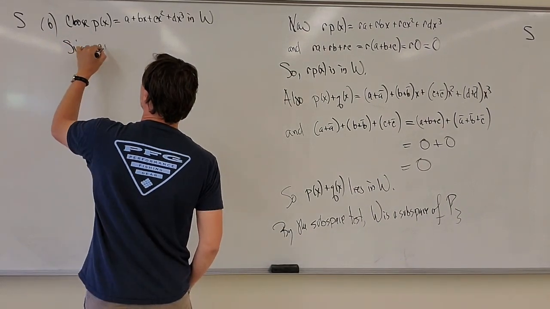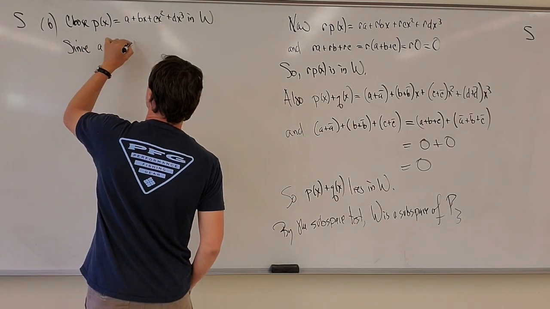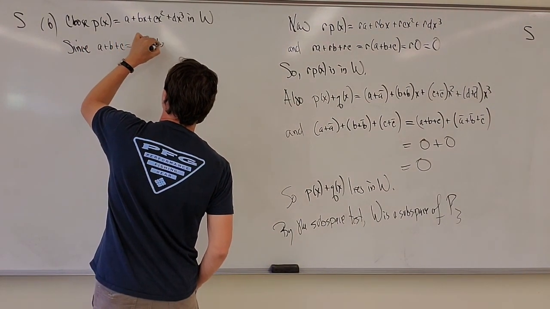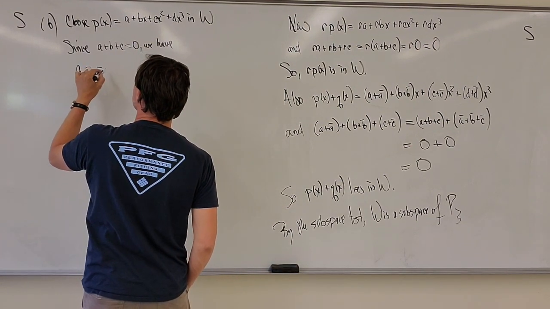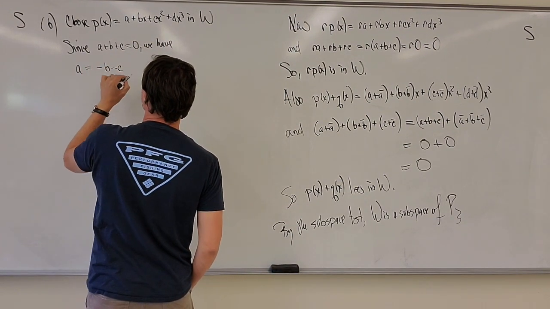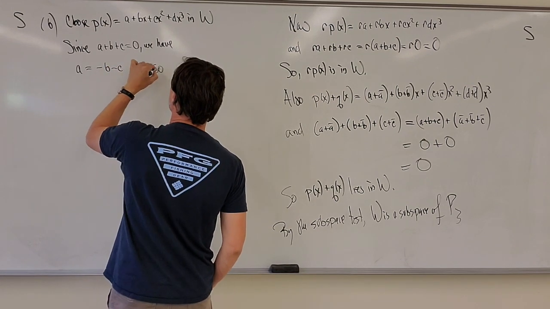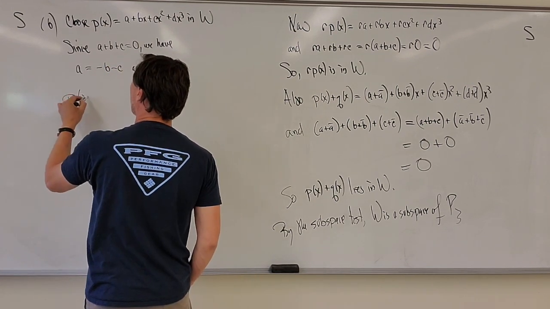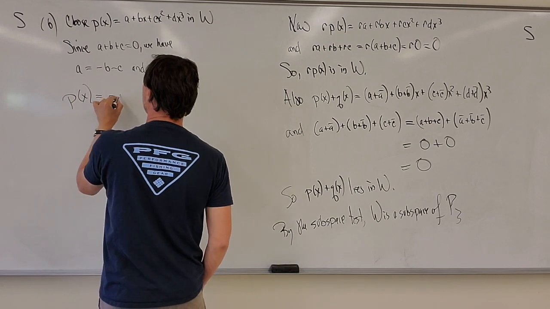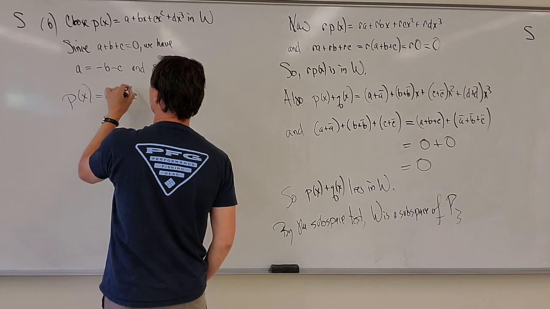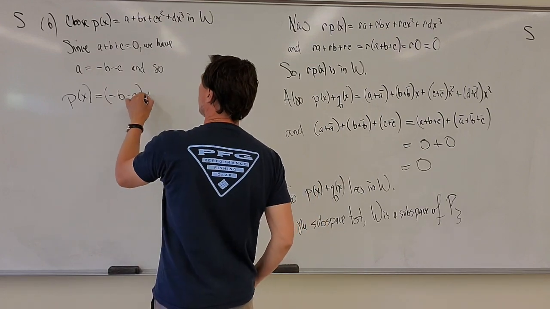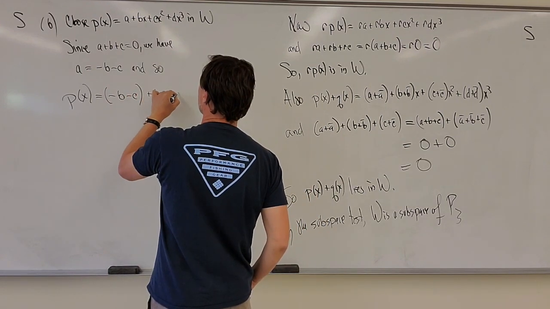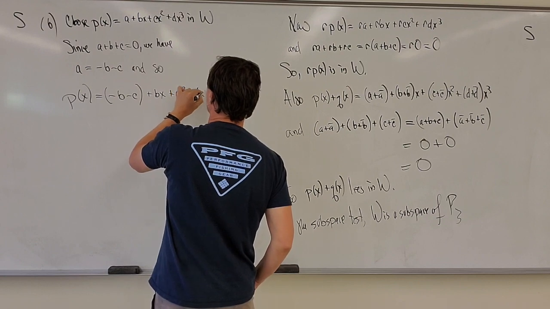So since A plus B plus C equals 0, we have that A is equal to minus B minus C. And so we can rewrite our polynomial P of x as negative B minus C, just replacing A with negative B minus C, plus Bx plus Cx squared plus Dx cubed.